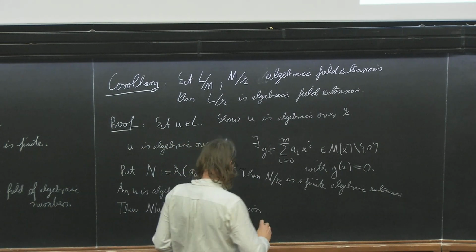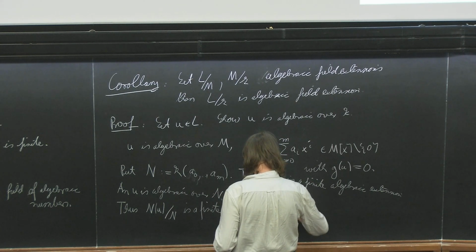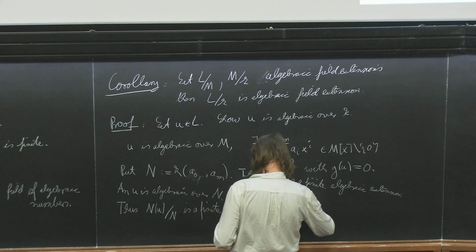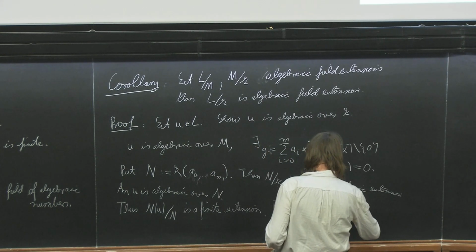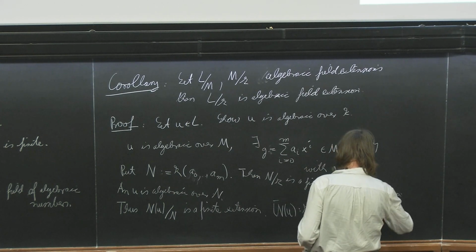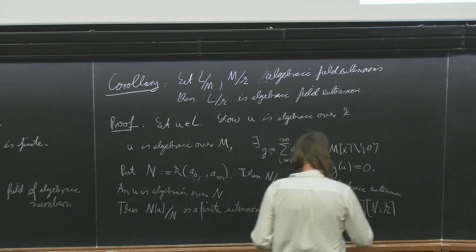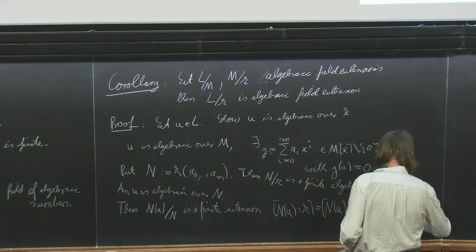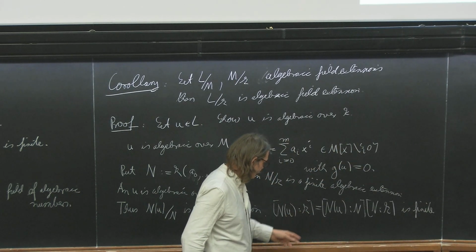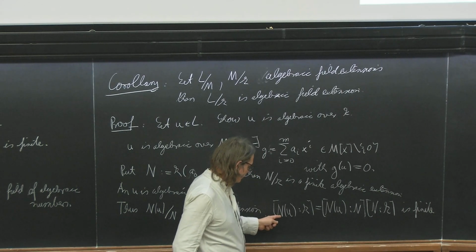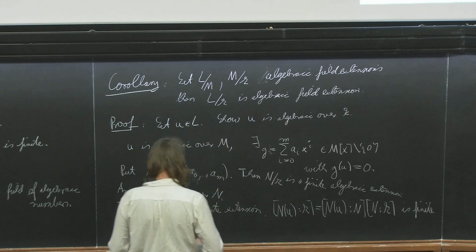So thus, we see that if we take the degree of N(u) over K, this is the degree of N(u) over N times the degree of N over K. And these are both finite, so this is finite. So the degree of N(u) over K is finite, so it follows that every element of N(u) is algebraic over K. In particular, u is algebraic over K.